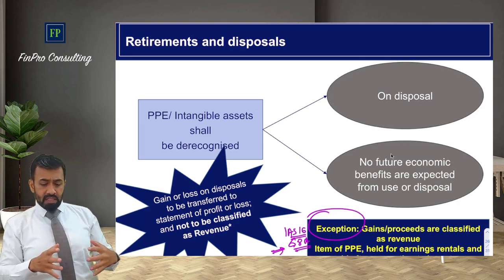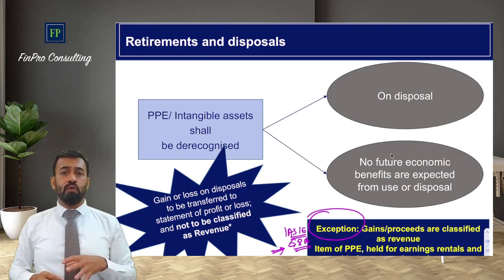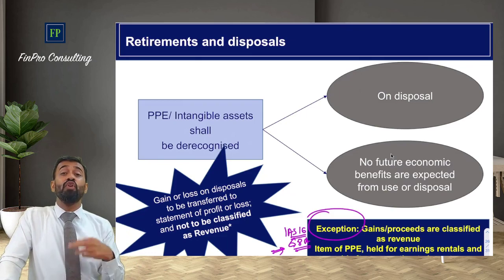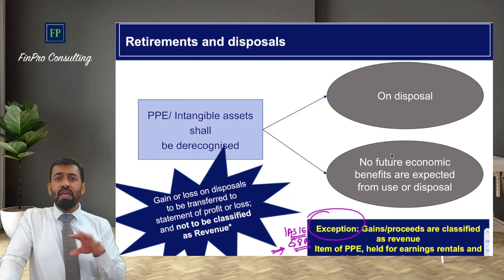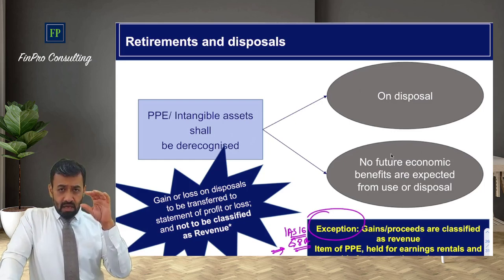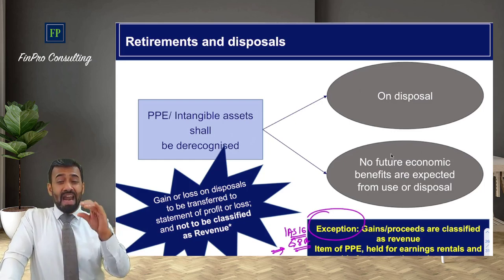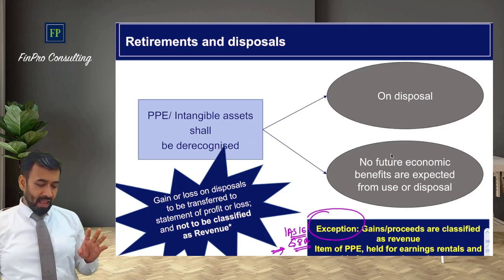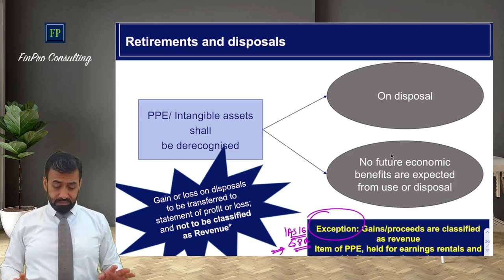So that presentation differs significantly upon disposal. The exception is only available for property, plant and equipment with dual use. Otherwise, any gain or loss should be presented net on the statement of profit and loss. I hope you are with me here.